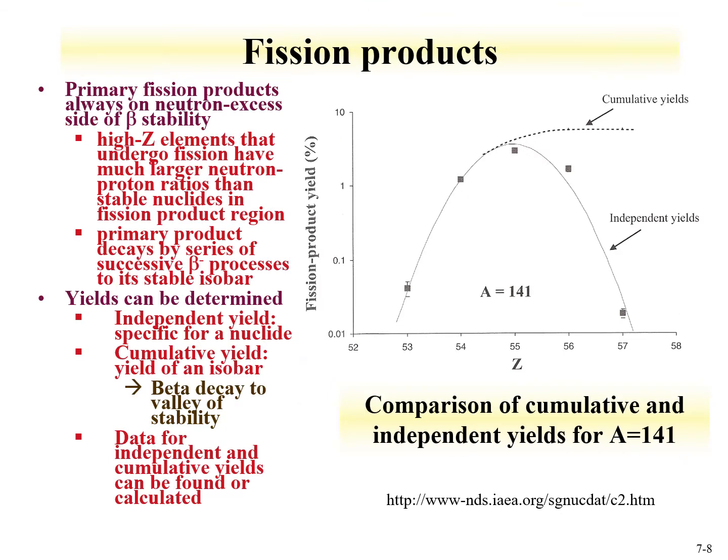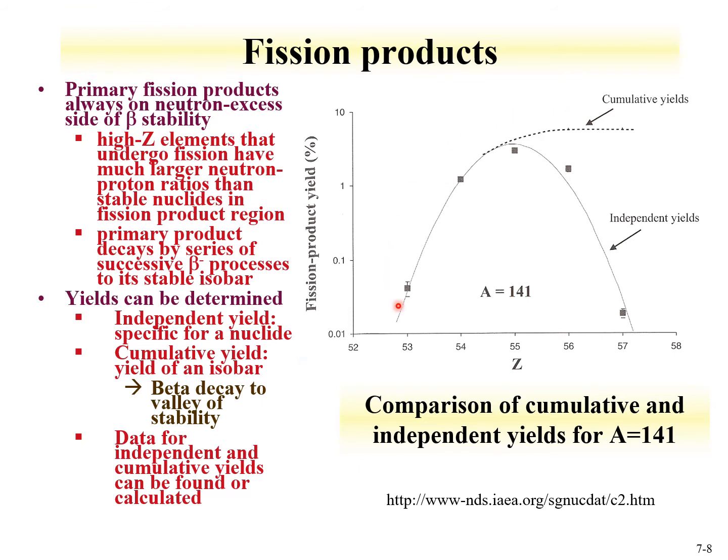Another aspect of fission products is how they are distributed. We've already talked about the yields being different, but even within a yield for a given isobar, for instance here, the data is for A of 141, we have yields that can be either for specific isotopes, those are the independent fission yields, or the data that we see in the chart of the nuclides, the cumulative fission yields.